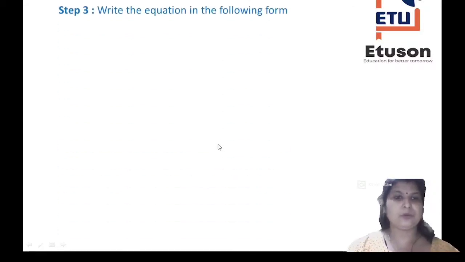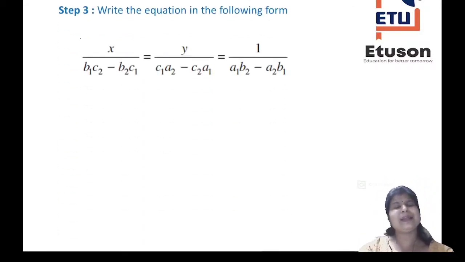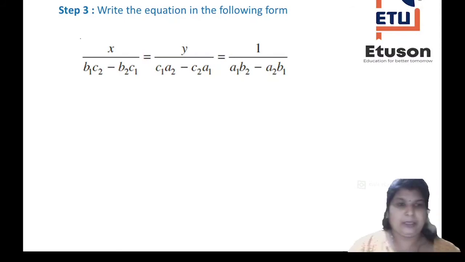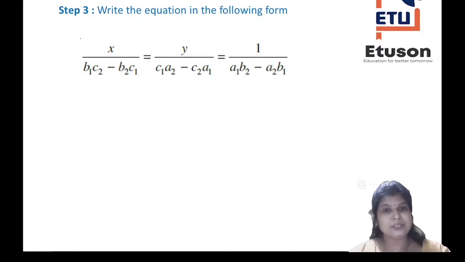Then write the equation in the following form: x divided by (b1 c2 minus b2 c1) is equal to y divided by (c1 a2 minus c2 a1), that is equal to 1 divided by (a1 b2 minus a2 b1).